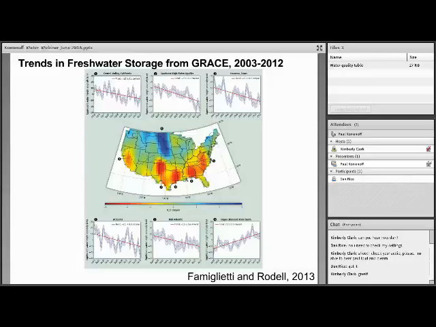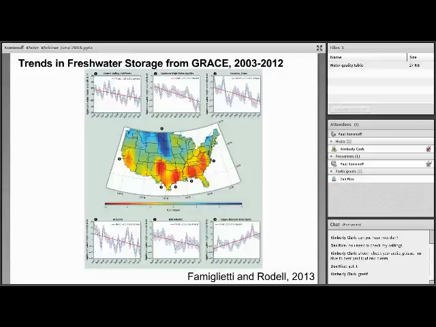So California with the drought, I think this is probably even worse, but there's been a reduction in groundwater stores in the Central Valley in California. Additionally, in the Southern High Plains Aquifer, which is listed as number 2 in this map, again, a reduction in fresh water storage.